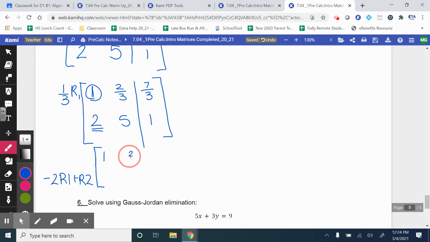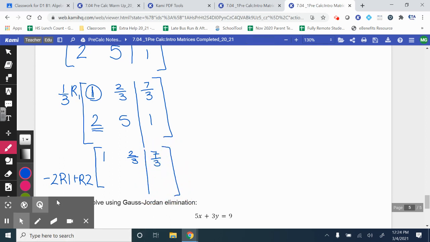So row 1 will stay the same. For row 2, here's where I like to use my fingers a lot. So I'll line up my fingers just to keep my eyes focused on what I'm doing. So I would do -2 times 1 is -2 plus 2 is 0. Again, if you need to write the work off to the side, that's 100% okay. Here we have -2 times 2/3.